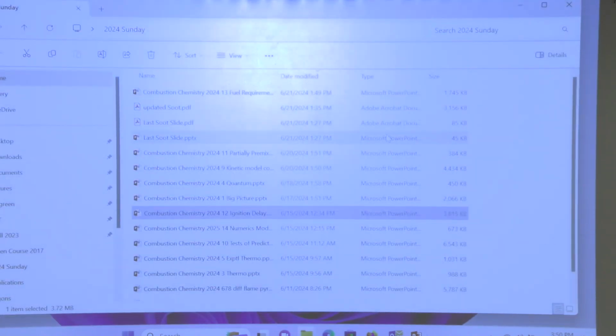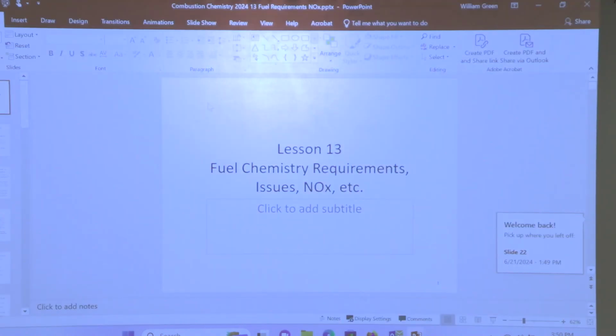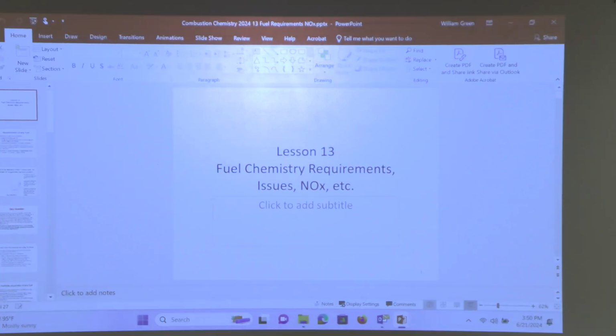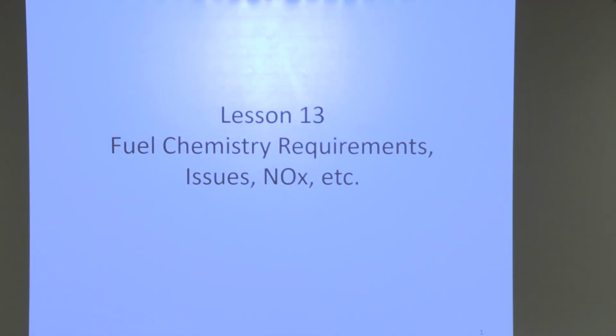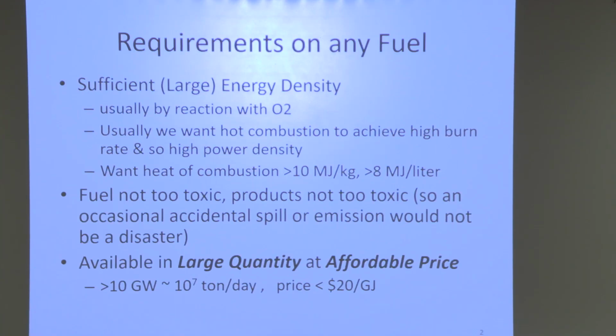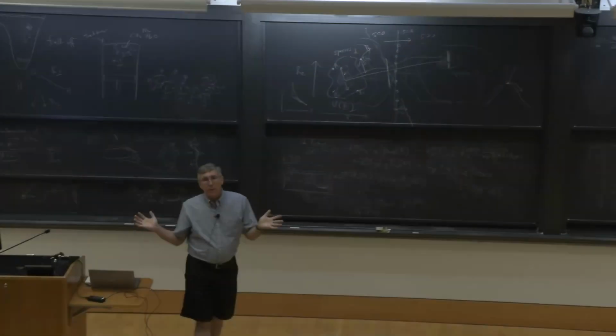All right, so we did soot, we did ignition. Now let's look at fuel requirements. So what do we need in a fuel? Maybe I'll back up. Why do we care about this?